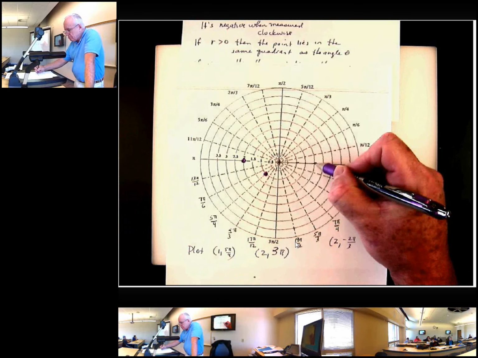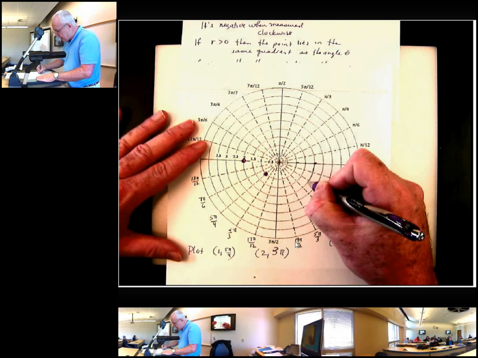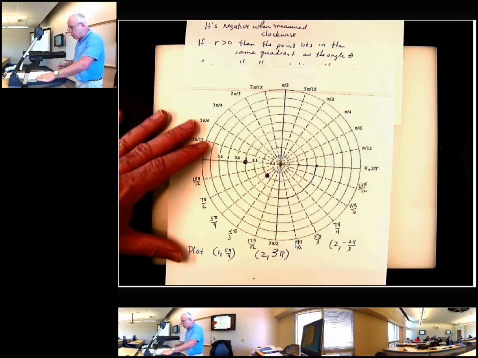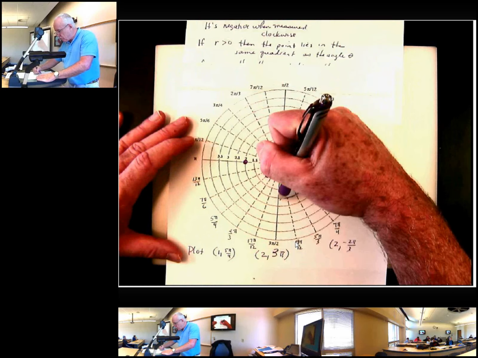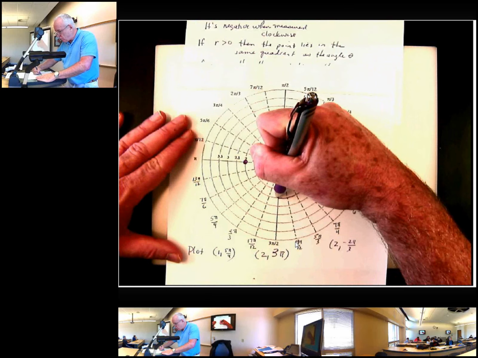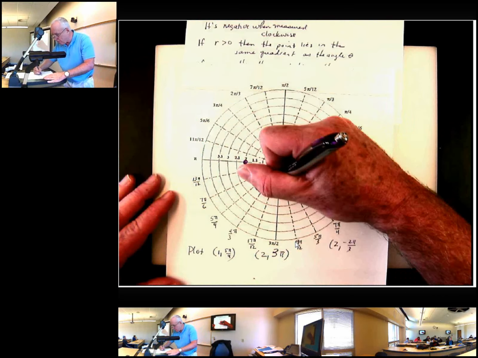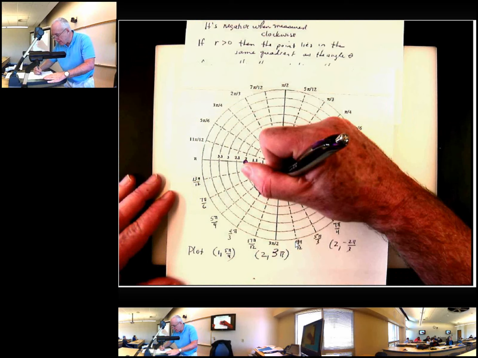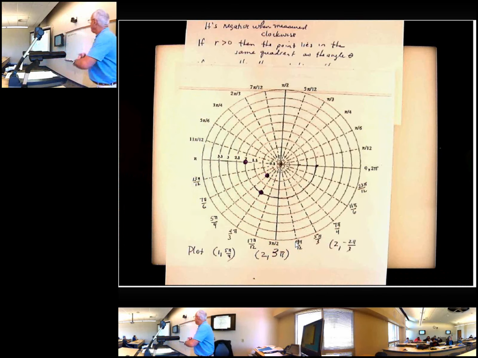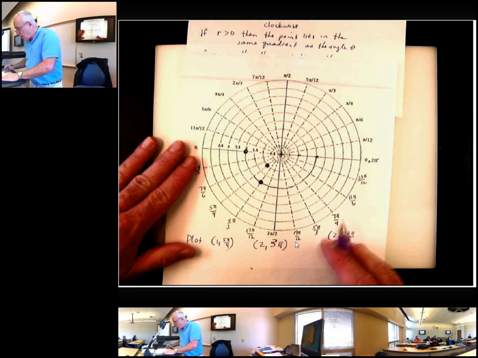Where's that going to be? It's going to be 4 pi over 3. Basically, as we go around, this is minus pi over 2, and then we go 2/3 of the way to the pi. So at 4 pi over 3, we end up 2/3 of the way, right there.